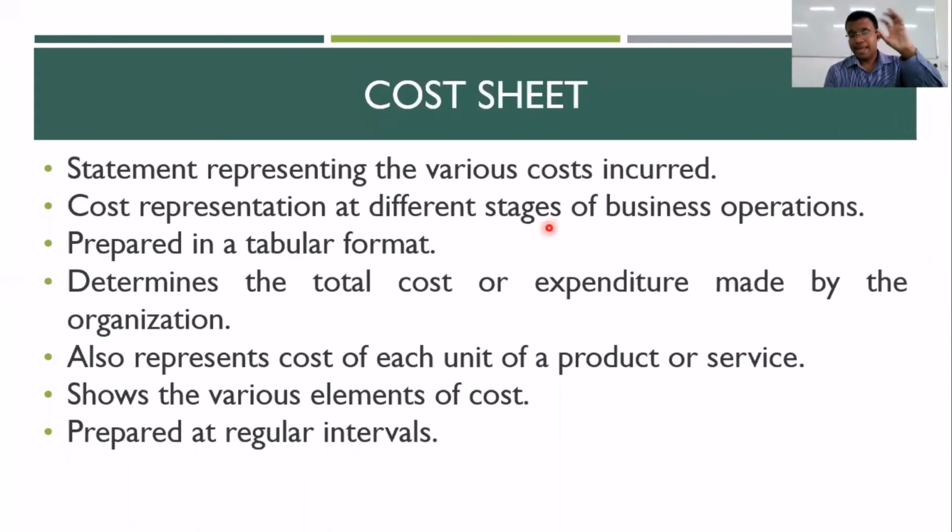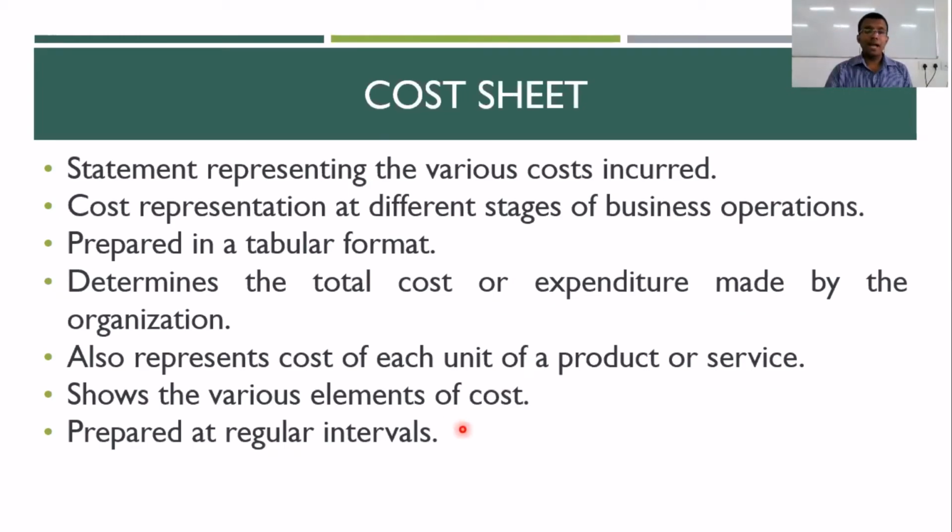The cost sheet breaks down the cost information element-wise. We touched upon the 3 elements: material, labor, and expense. And here, the expense is broken down element-wise. For the cost sheet, there is no fixed time frame like your balance sheet, which has to be prepared at the end of each year. There is no time interval as such.